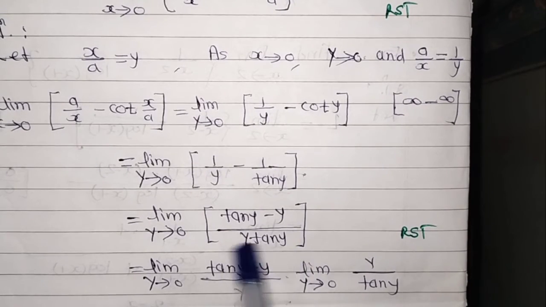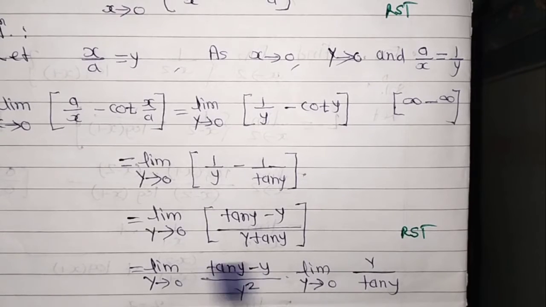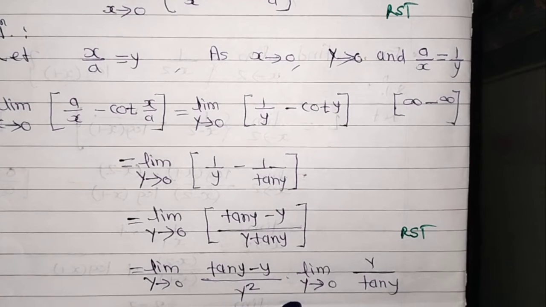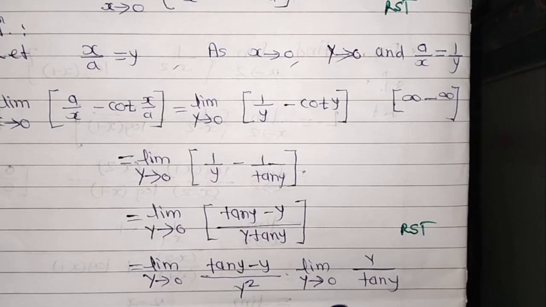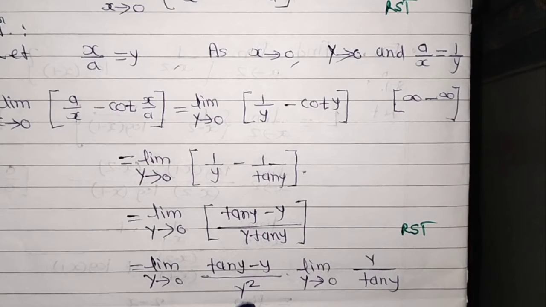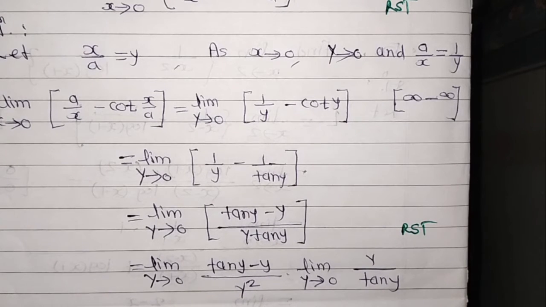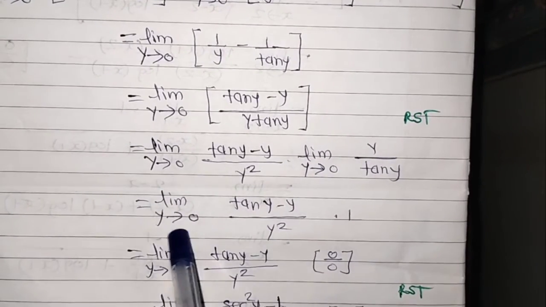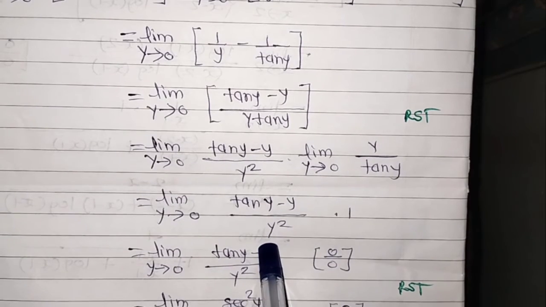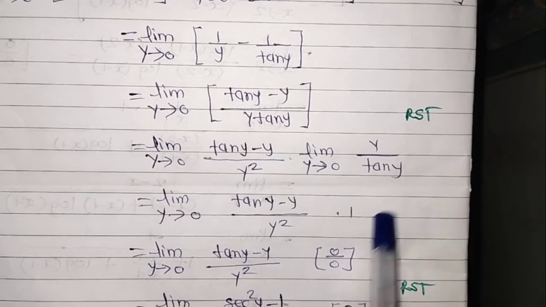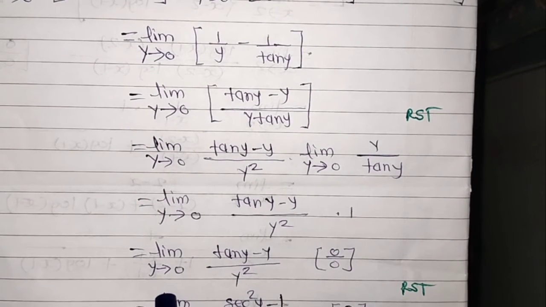And using rules of limits, this is equal to limit y tends to 0 tan y minus y upon y square into limit y tends to 0 y upon tan y. Here y square is taken, extra y is taken, so that this y cancels with this y. This is equal to limit y tends to 0 tan y minus y upon y square into 1. Limit y tends to 0 y upon tan y is 1. Is equal to limit y tends to 0 tan y minus y upon y square.